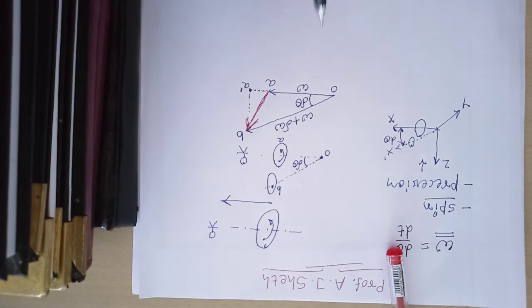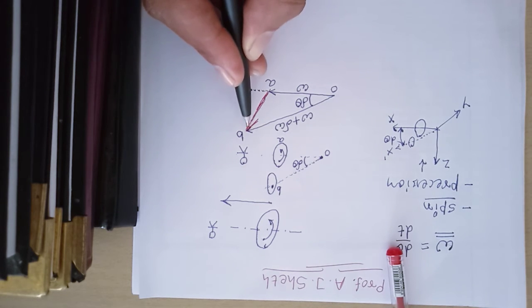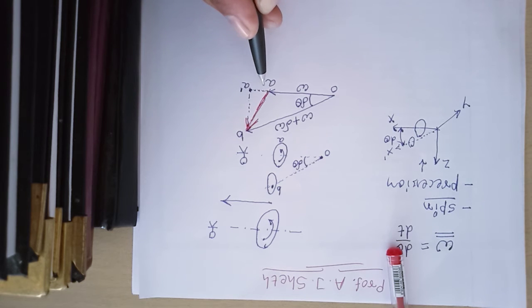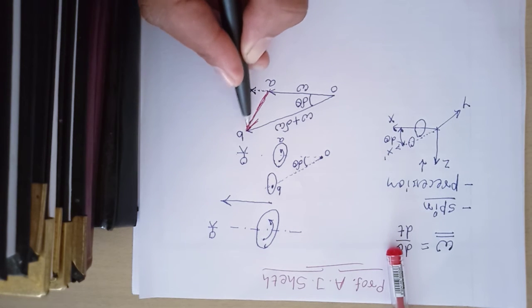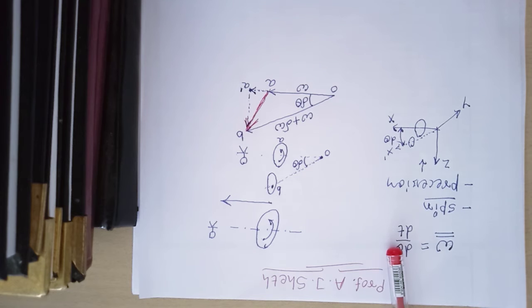Actually, this acceleration is the summation of these two vectors, A to A dash and A dash to B. Now let us find out the first one, A to A dash.